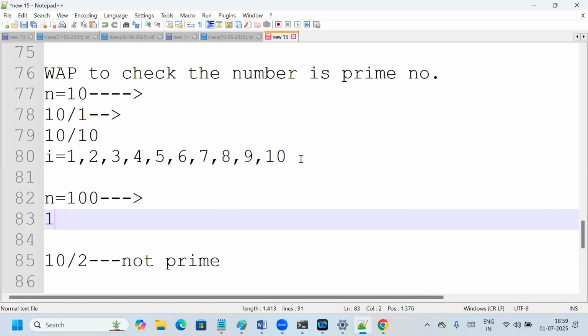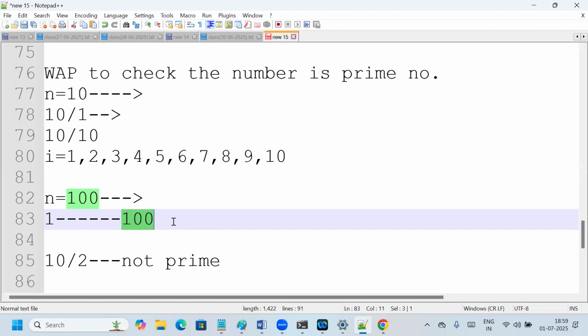Can I divide 100 by 101? No, that's not a concern. So I'm trying to take the divisor from this range. We know that every number is divisible by 1 and by itself. Apart from these two divisors, if the number is divisible by any other number, definitely it's not a prime number.